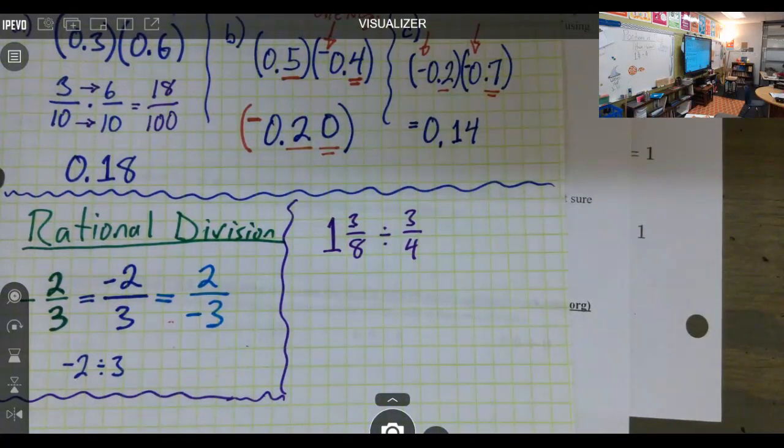Talk to each other. You're in a group. You didn't say use a calculator.